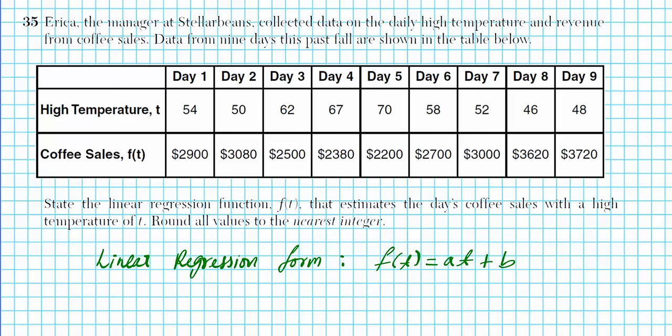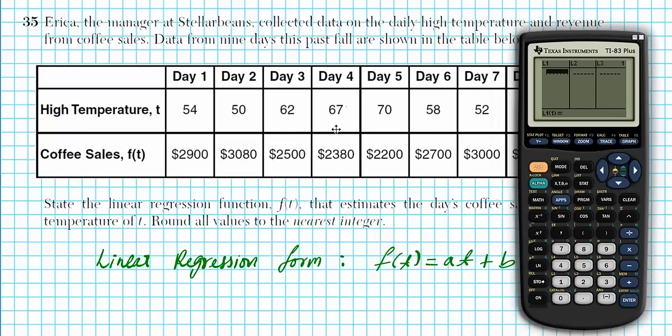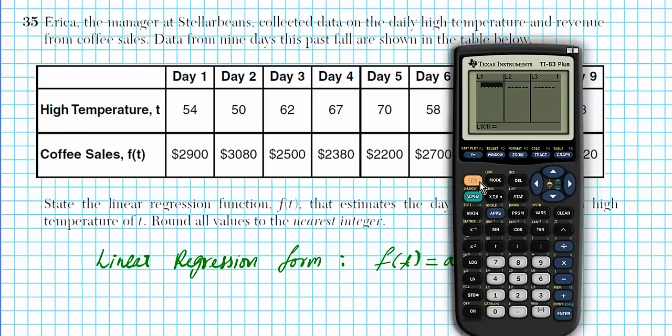All right, so we're going to use our calculators to carry out this linear regression determination and analysis in the second part. So fire up your calculators, go to statistics, and then edit. We're going to enter these two rows into the columns in our calculator. L1 will represent our independent variable, the temperature, and then L2 will be our coffee sales, a function of temperature. All right, so let's go ahead and enter it.